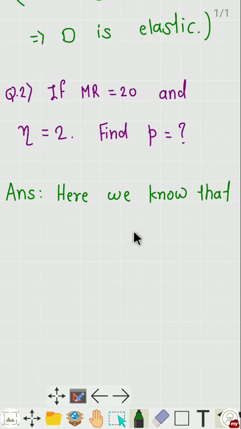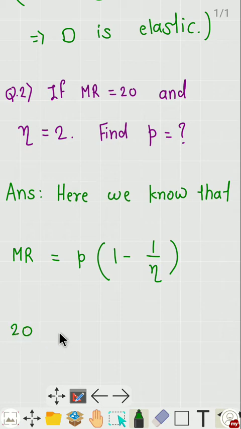That relation is MR is equal to P into bracket 1 minus 1 upon eta. We put the values of MR and eta so that we get the value of price P. So MR is 20, equal to P, which we have to find, into 1 minus 1 upon eta, and eta is 2.